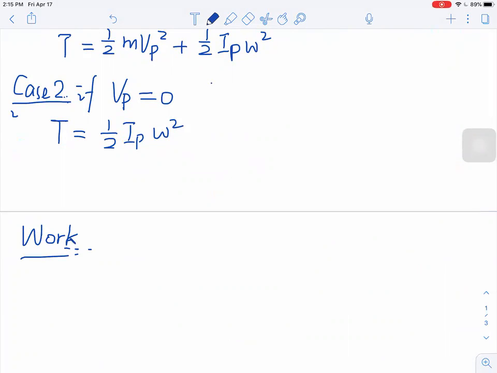In chapter 2, we learned work. Work from position 1 to position 2 can be written as the integral from 1 to 2 of force times e_t ds.